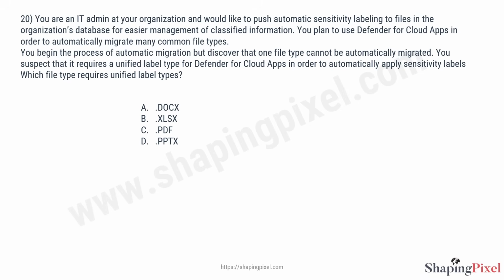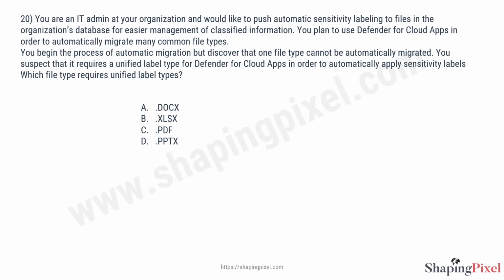You begin the process of automatic migration but discover that one file type cannot be automatically migrated. You suspect that it requires a unified label type for Defender for Cloud Apps in order to automatically apply sensitivity labels. Which file type requires unified label types?